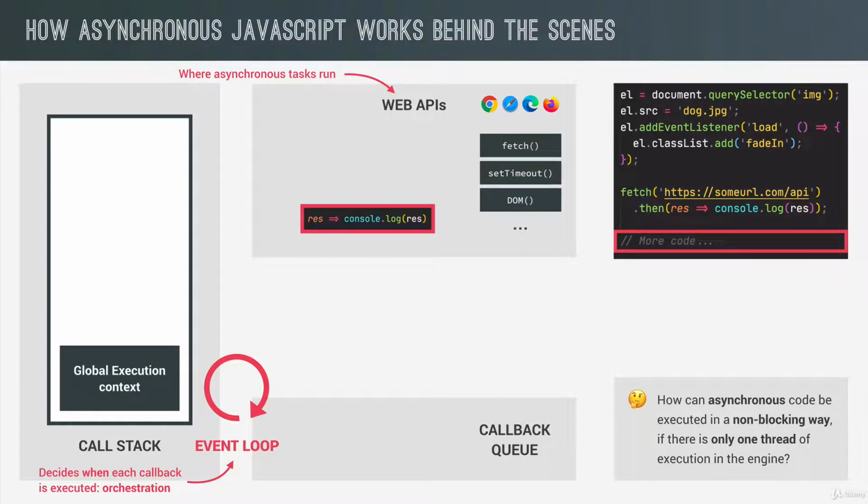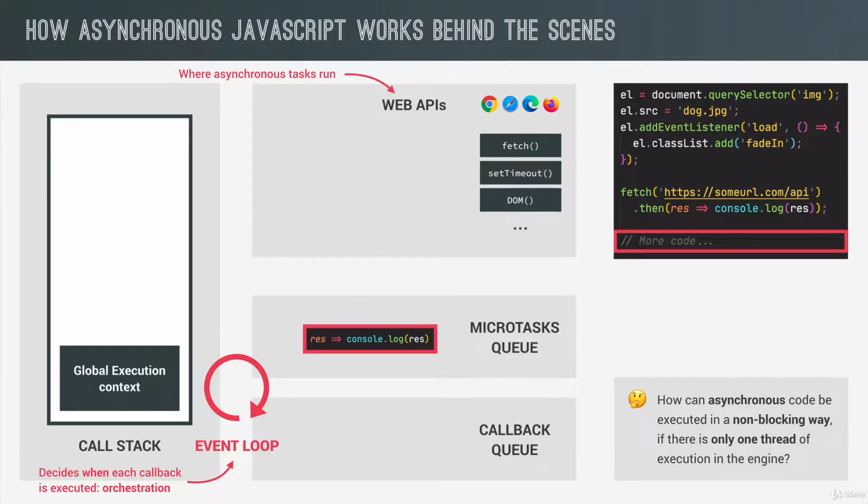Instead, callbacks of promises have a special queue for themselves, which is the so-called microtasks queue. Now, what is special about the microtasks queue is that it basically has priority over the callback queue. So at the end of an event loop tick, so after a callback has been taken from the callback queue, the event loop will check if there are any callbacks in the microtasks queue.